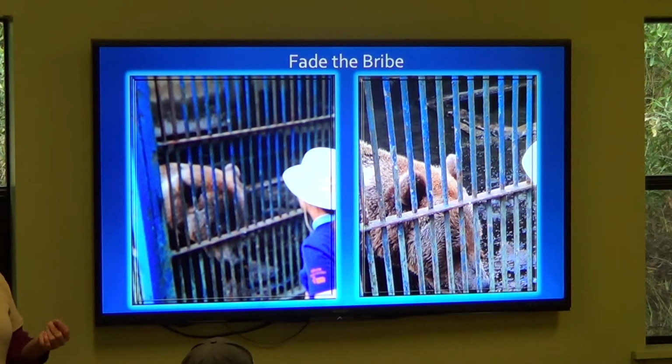And you want to reinforce any movement they make without the bribe. And that's how you kind of move past having the bribe. If you're expecting them to do 10 steps back because that's what they did when a hunk of bread flew between their legs, and now there's no hunk of bread, you might want to just think about bridging and reinforcing those initial movements. And then approximate back to bigger and bigger movements.